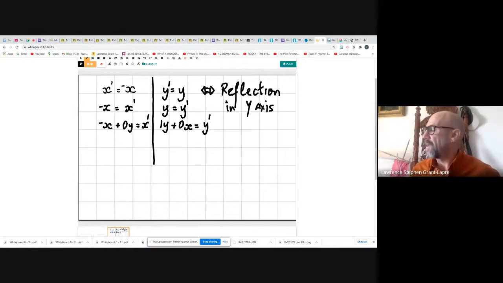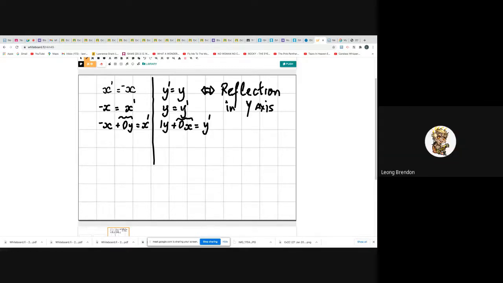See what I've done? I just added there's no y component. So this means that there's no y component in this equation, and this means that there's no x component in that equation. Does that make sense? Did I lose you? Okay, let me do that one again.